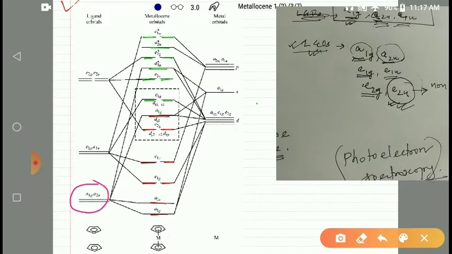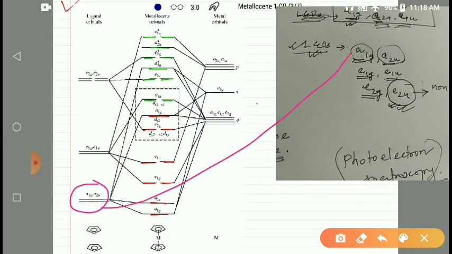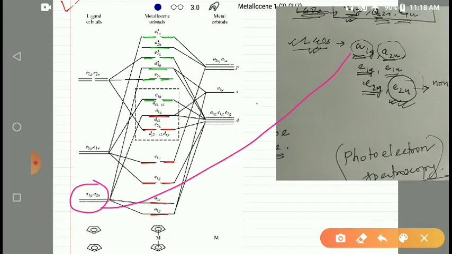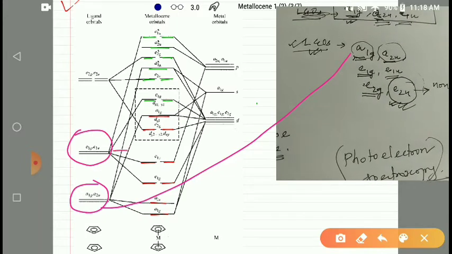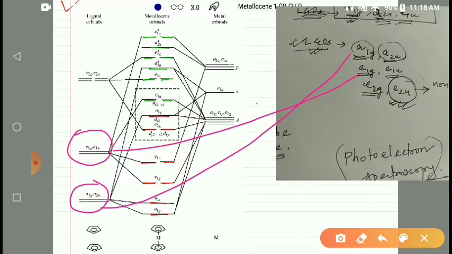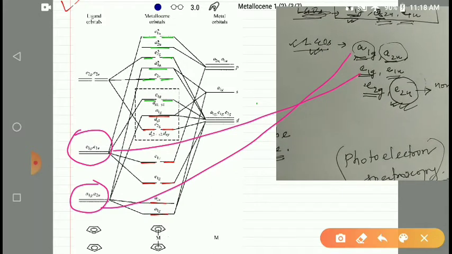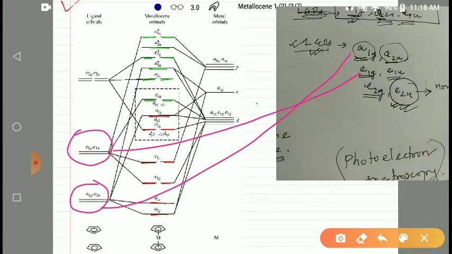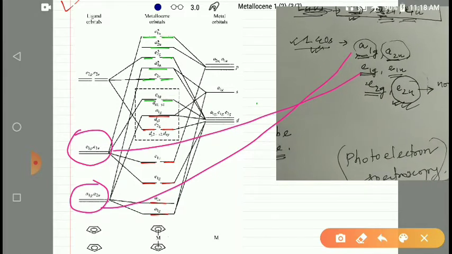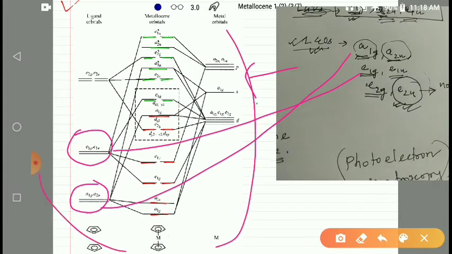And the next one is E1G and E2U. So they calculated the energy by using photoelectron spectroscopy, and similarly they did this for all the orbitals, and they drew the energy diagram levels using lines as shown in this figure.